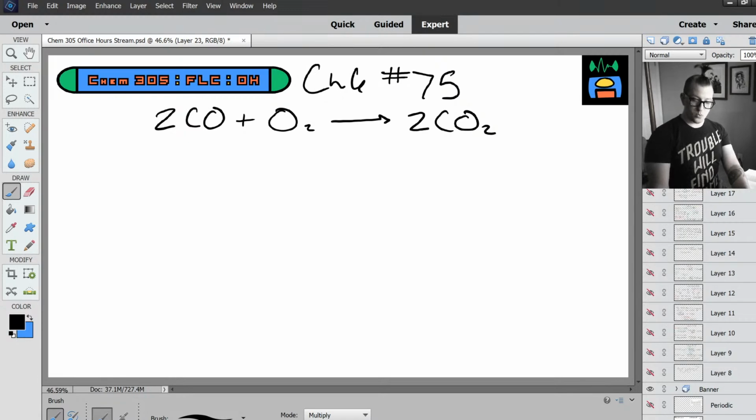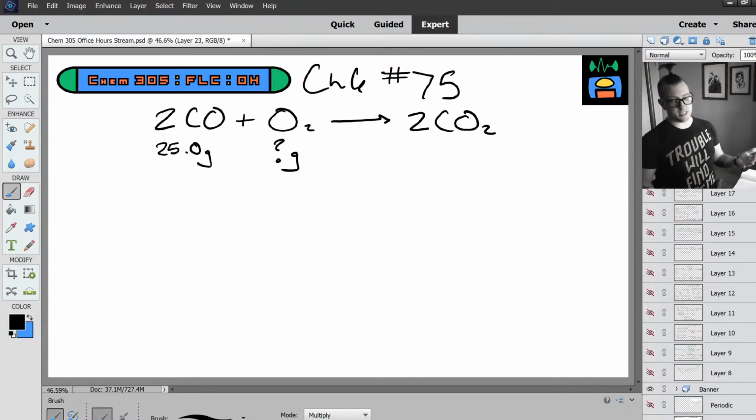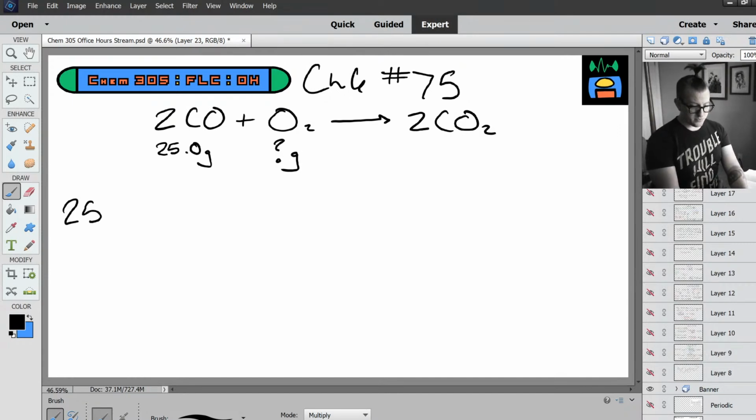So notice we have 25 grams of carbon monoxide, and we're asked how many grams of oxygen we need to react completely. Well, we've got some stoichiometry to do. We've got 25.0 grams of carbon monoxide. Our first step will be to convert grams of carbon monoxide into moles.